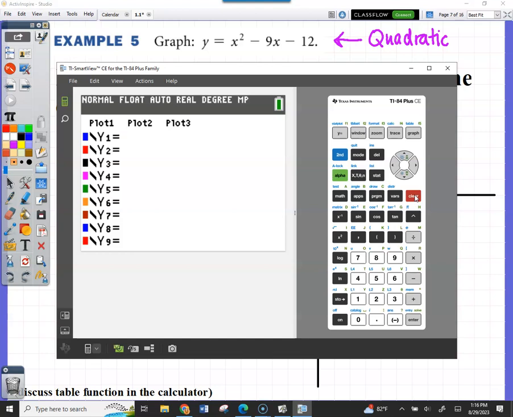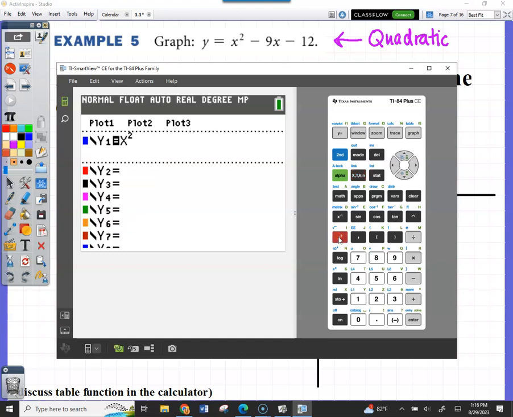This button is your variable x. Squared, you can push that button there, which will generate the squared, or you can use what's called the hat. This button that looks like the roof of a house means anything that follows it will be bumped up to an exponent's position. Minus 9x minus 12.